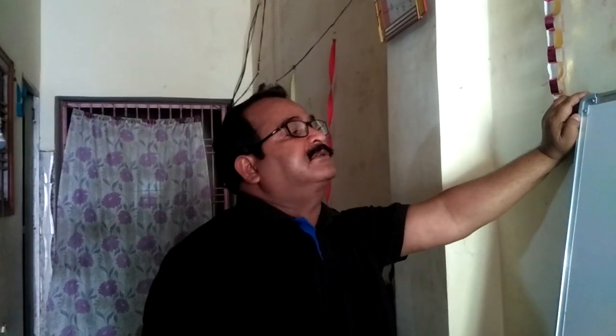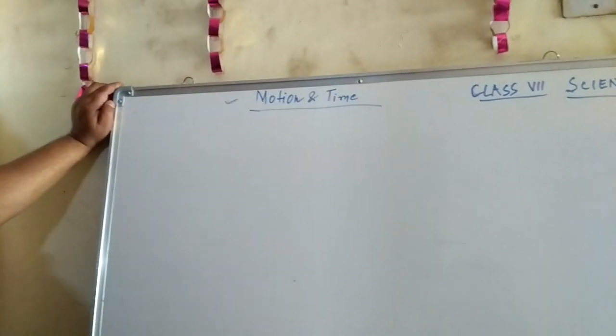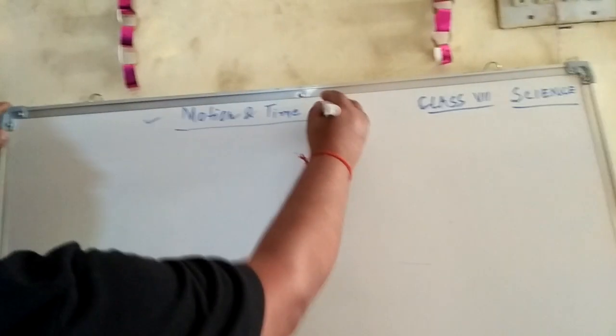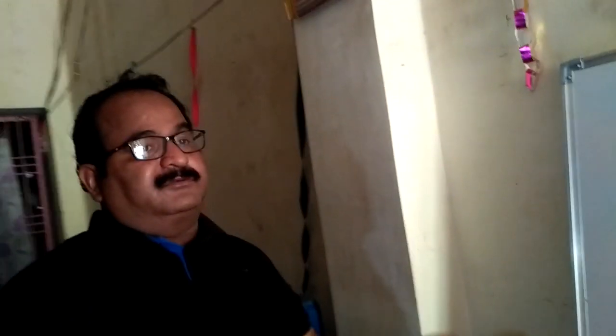So today we will discuss a chapter. Generally, it is related with physics, motion and time. So we will start with motion and time. Before that, when you look at your surroundings, all the bodies present in our surroundings are in one of two states, whether it is in rest or in motion.